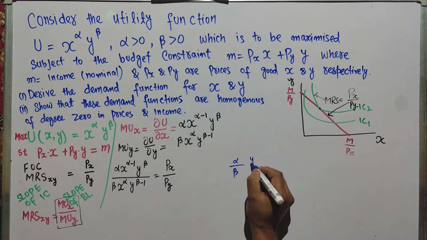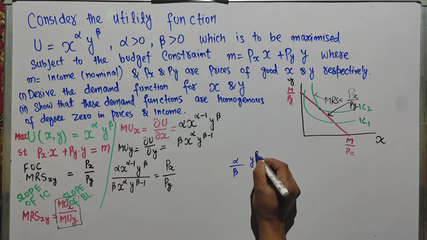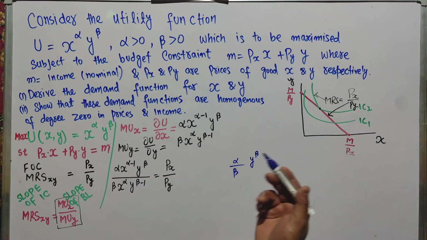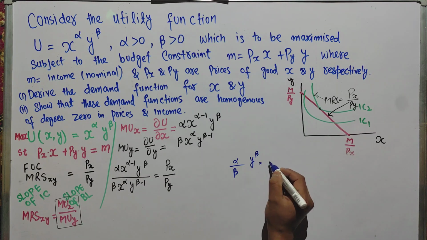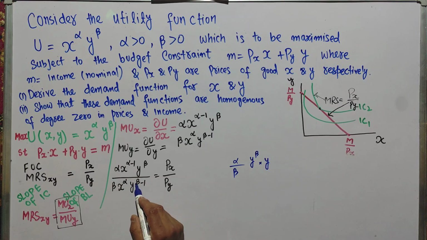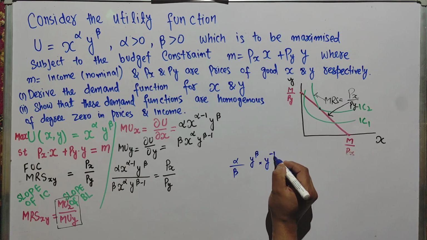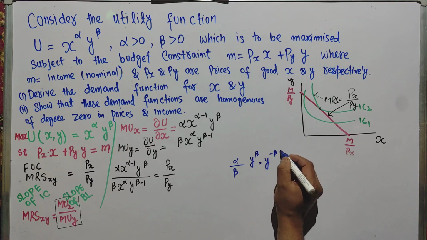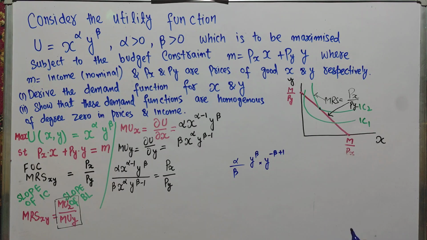What will happen? We have y to the power beta here. When I transpose this term, the exponent sign will change. If it is plus beta, it will become minus beta. If it is minus 1, it will become plus 1. Simple algebraic law: transposing numerator to denominator or vice versa changes the exponent sign.